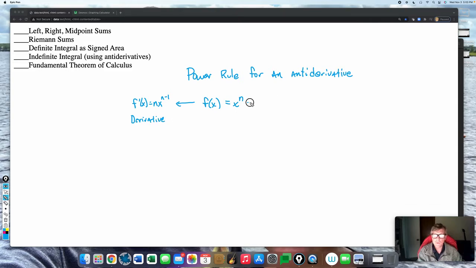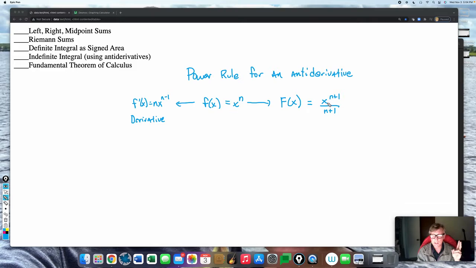Okay, so if we move forward this way and we do this capital letter F, you remember that from the previous video, that's the antiderivative. We're going to do the exact inverse of those two things. So instead of multiplying and subtracting from the exponent, we're going to add 1 to the exponent, and instead of multiplying, we're going to divide by that new exponent.